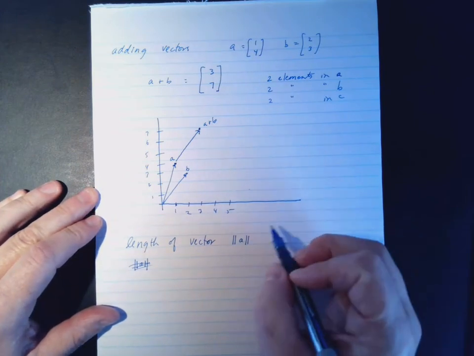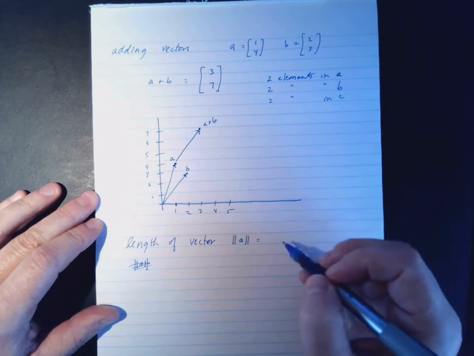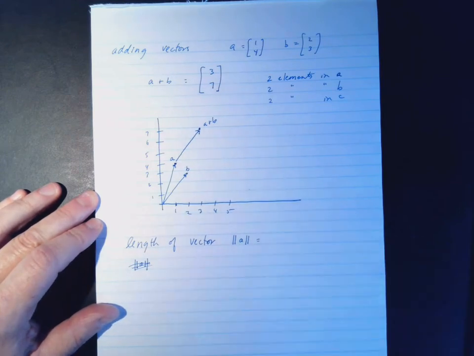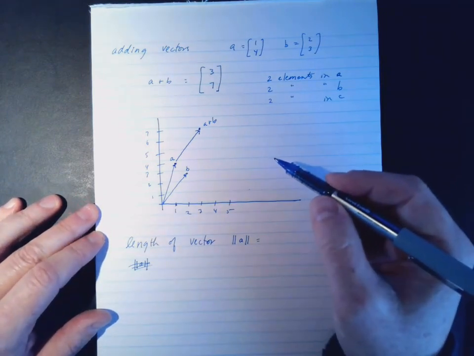So how do you find the length of the vector? Well, in this case, you have to think about the old Pythagorean theorem that you learned in high school.